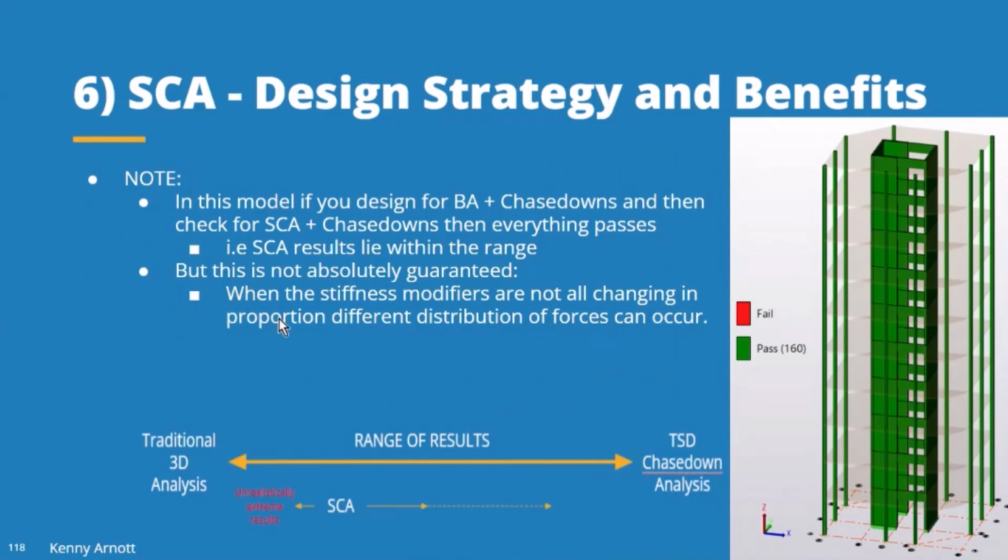I can't say that this is absolutely guaranteed. I think the principle of this is right, but when we're playing around with these stiffness modifiers, and as you move them into the different categories, the ratio of modifier used for columns and walls that's coming from the ACI code moves around a little bit.